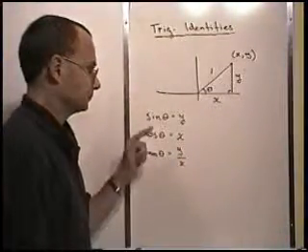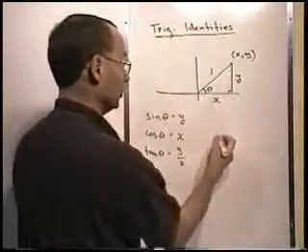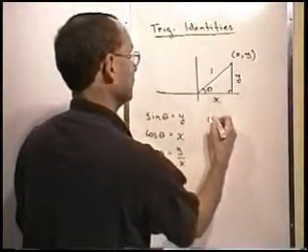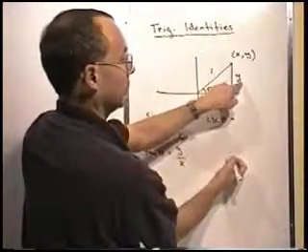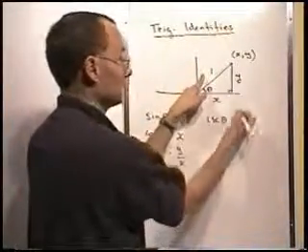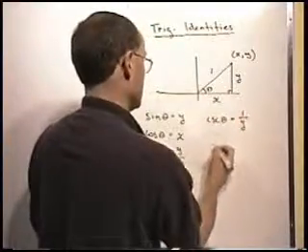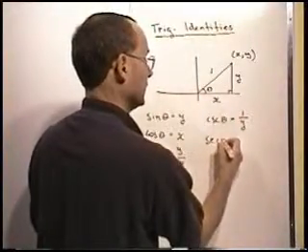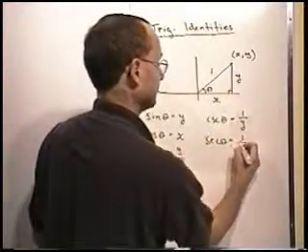Now, I'm also going to list the reciprocals, which are the cosecant of theta. Cosecant is the reciprocal of sine, opposite over hypotenuse. Okay, so instead of 1 over y, it's y over 1. The secant of theta, instead of x over 1, is 1 over x.